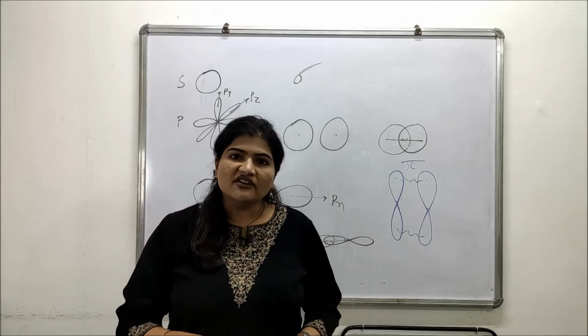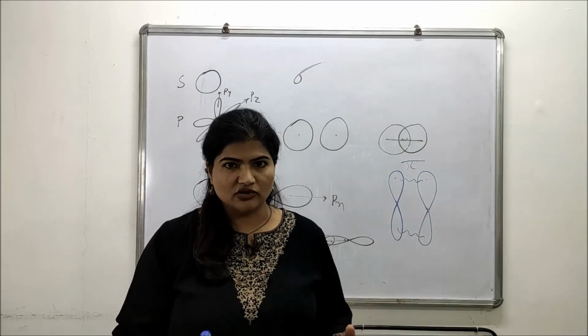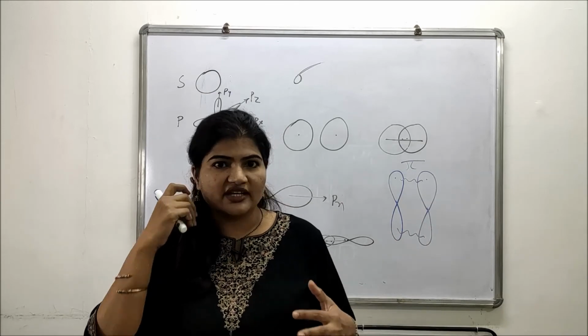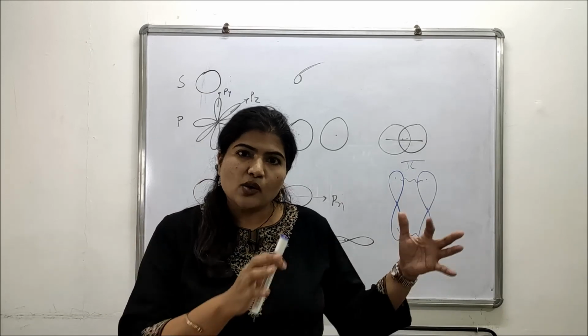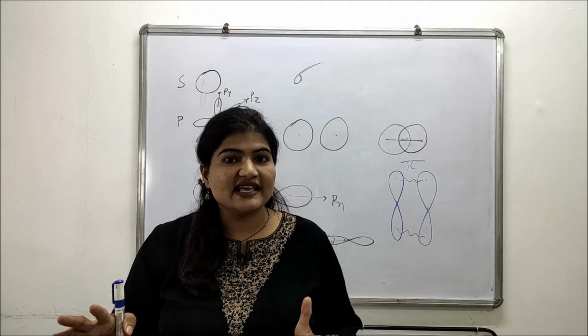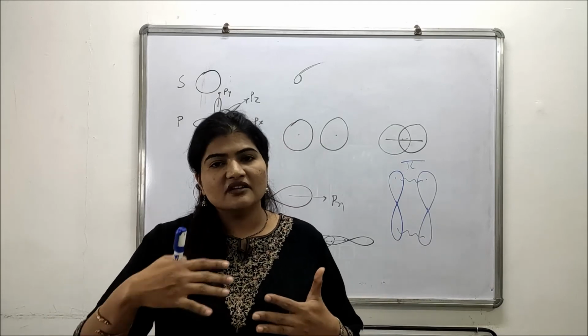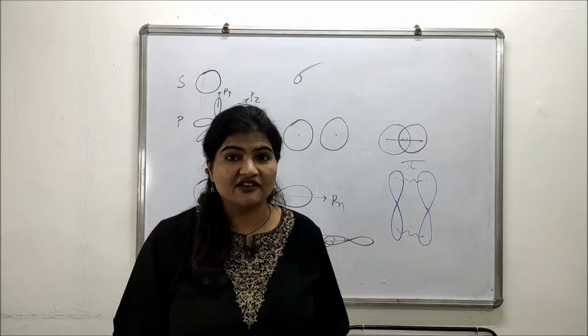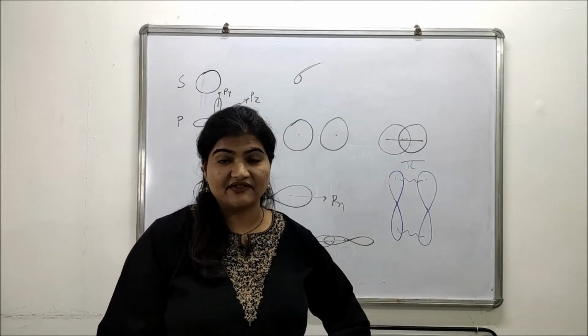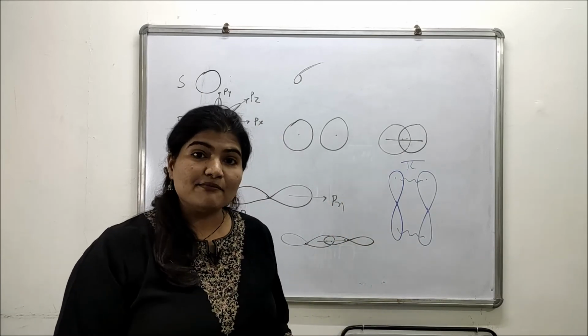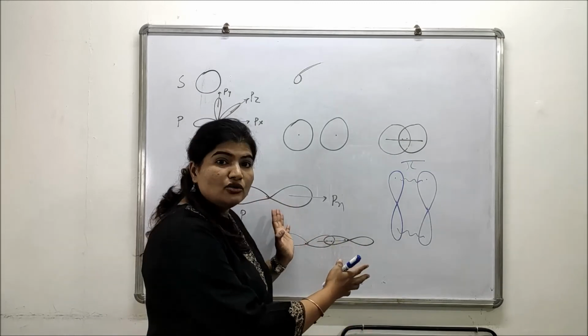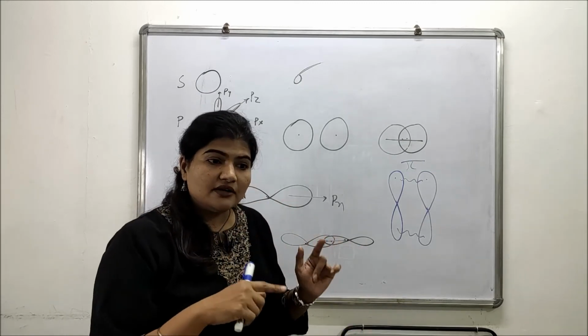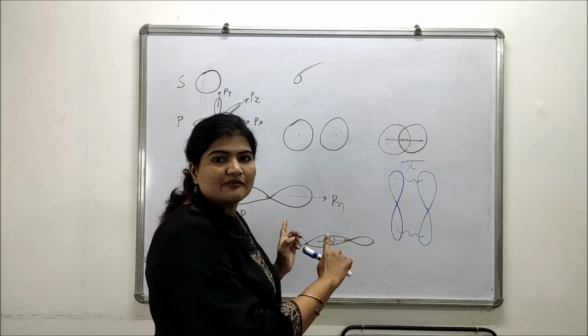So if in a molecule you want to check the reactivity of the molecule, then one molecule is having all sigma bonds, one is having pi bonds. We are talking about just the sigma and pi bond. There are multiple other factors which affect the chemical reactivity, but I am just giving you examples so that you will understand how the reactivity is affected by the presence of sigma and pi bonds.